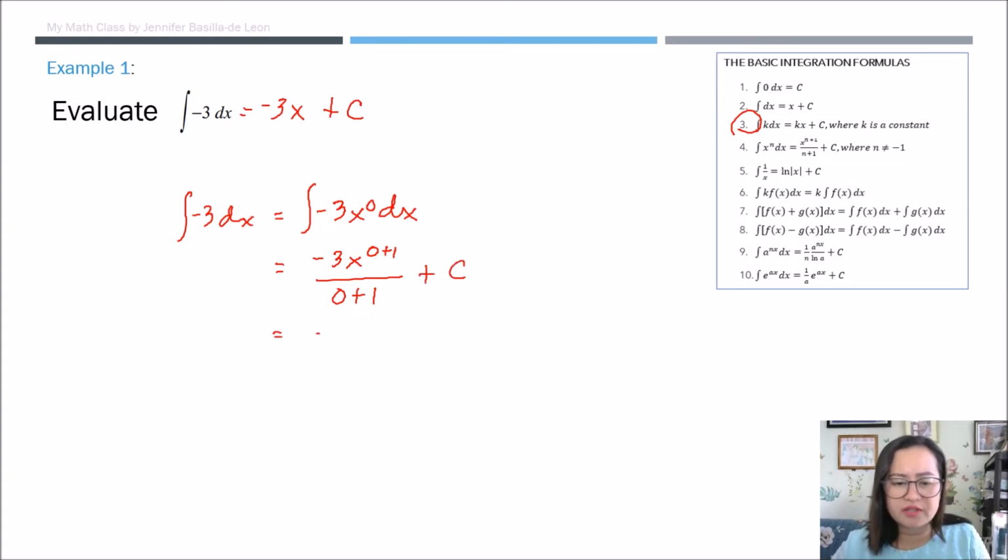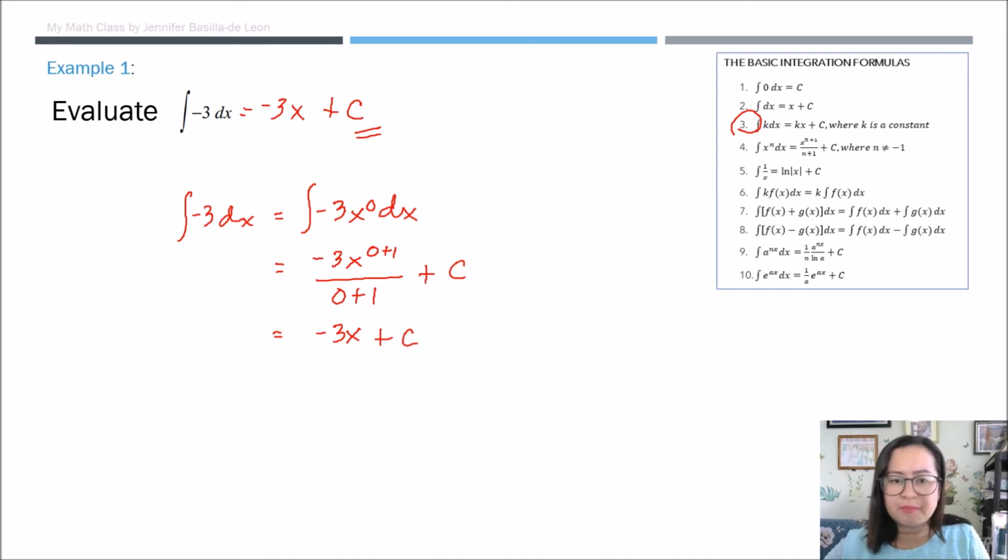Now simplifying this, we will have negative 3x plus c. Now we have arrived at the same answer, just as when we have applied rule number 3.